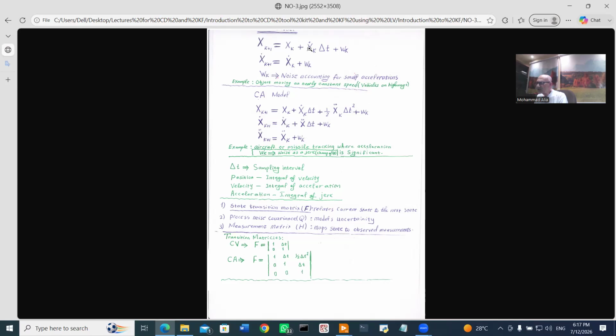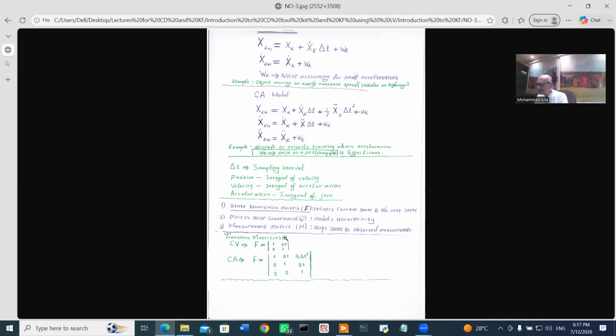Now, if we use the coefficients of this equation and this equation, we can get the values of the elements which compose the transition matrix. The coefficient of xk is 1. Here it is 1. Of the velocity, delta t, it is delta t. And in the second equation, there is no xk, so it is 0. And the velocity here, in the second equation, has a coefficient 1, it is given 1.